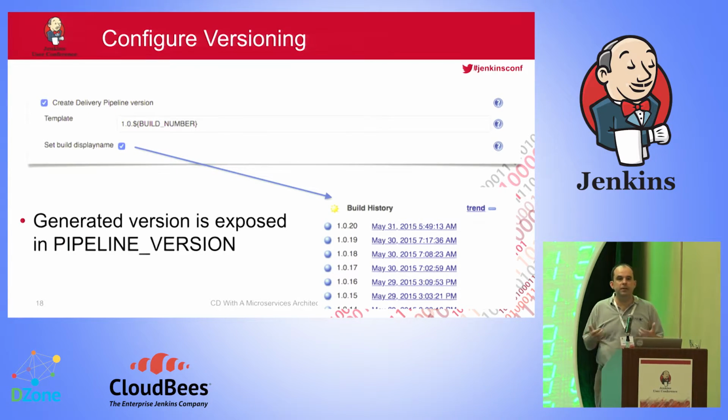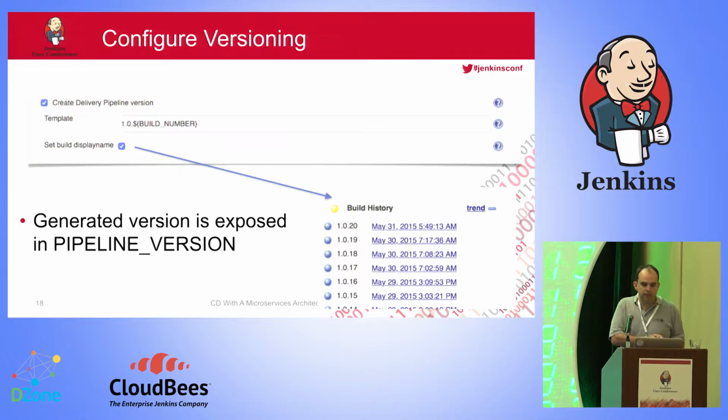I was used to the idea in Maven that as you're doing development, you have some version with -snapshot at the end of it, and that snapshot label stays there through multiple builds until you're ready to do a release. Then you strip off the snapshot label, do your release, and increment the version to a new snapshot version. But that's kind of antithetical to the idea that any build could potentially be a release build.